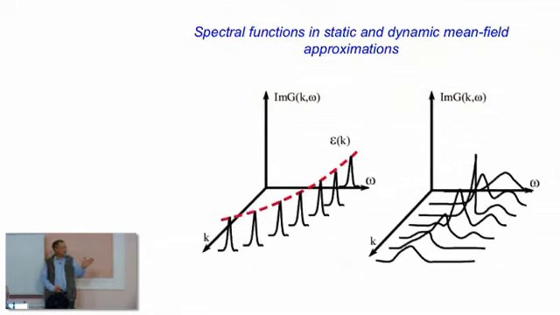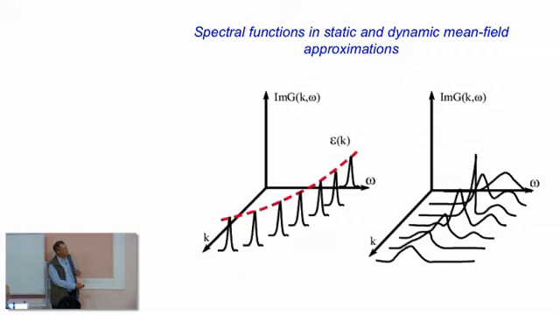Now, how does it look? Before, when we had static mean field, we had quasi-particles with infinite lifetime. So the spectral function would be a set of delta functions.